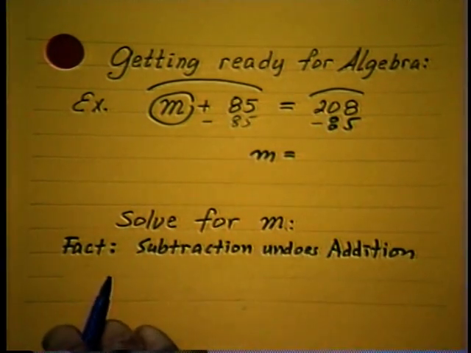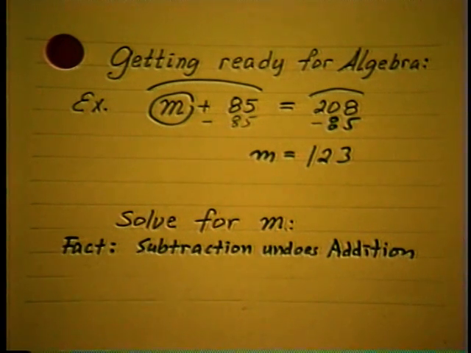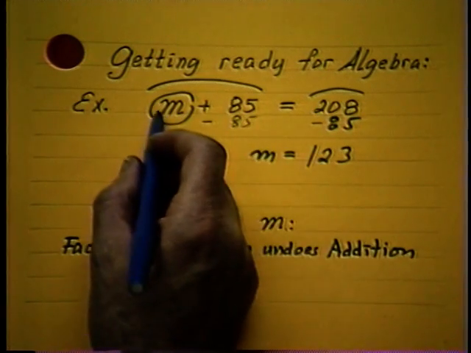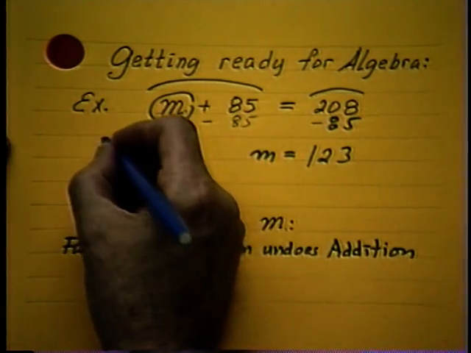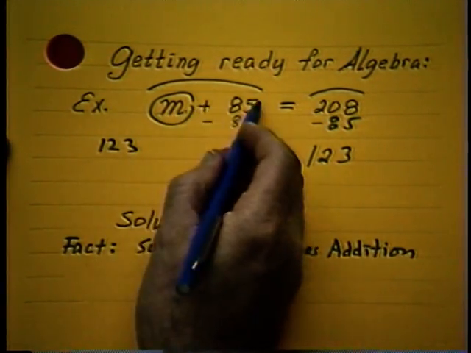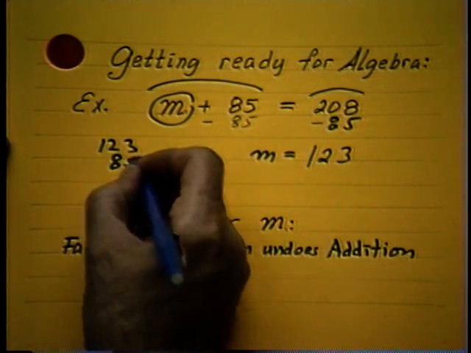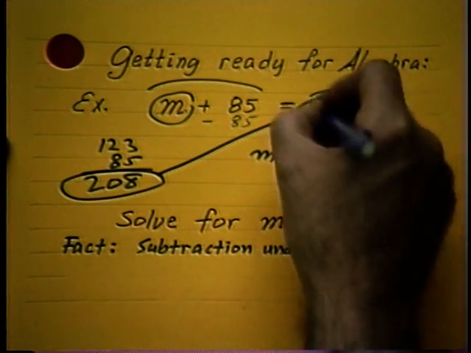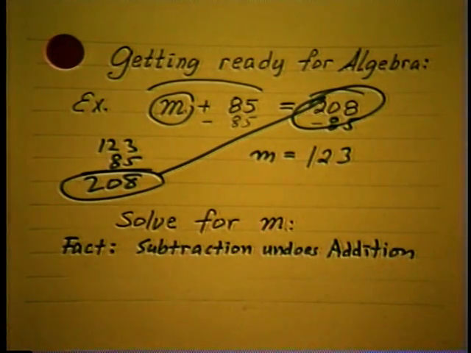So doing that, I get that m is 123. To check that, let's do what this says. It says take m, which we're claiming is 123, add 85 to it, 208, and that checks with our statement.